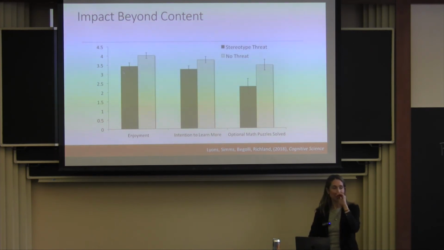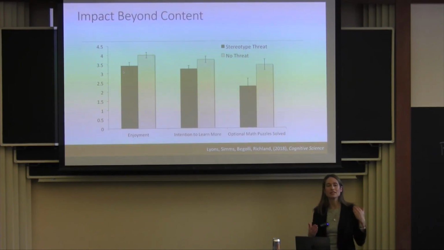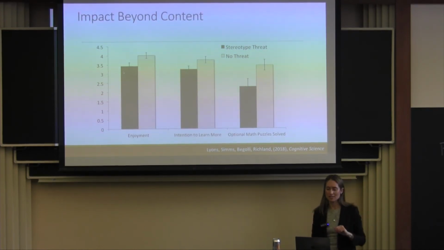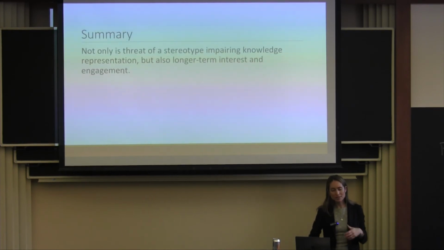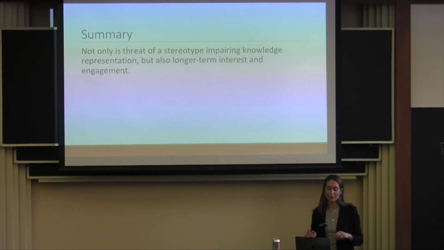So they were impacted in the way that they were engaging in mathematics, potentially beyond just the content acquisition itself. This suggests that threat of stereotype not only seems to impair knowledge representations, but may also have longer term impacts on interest and engagement.